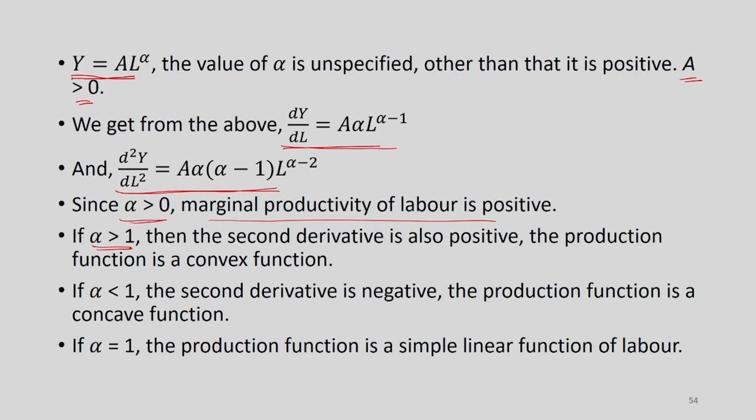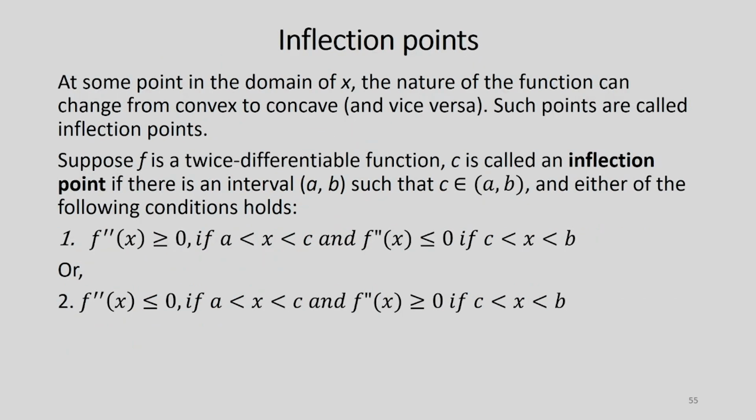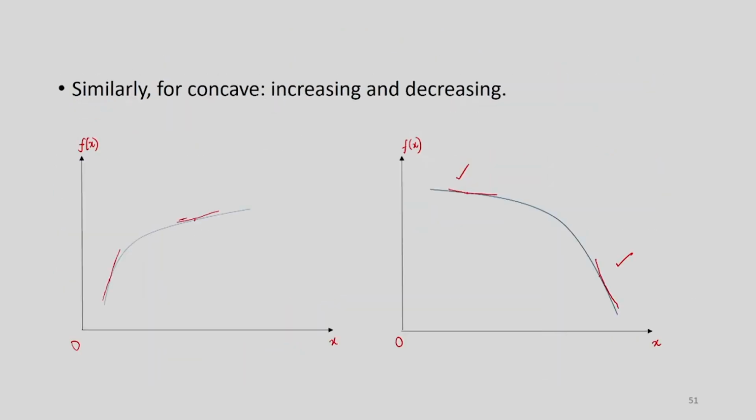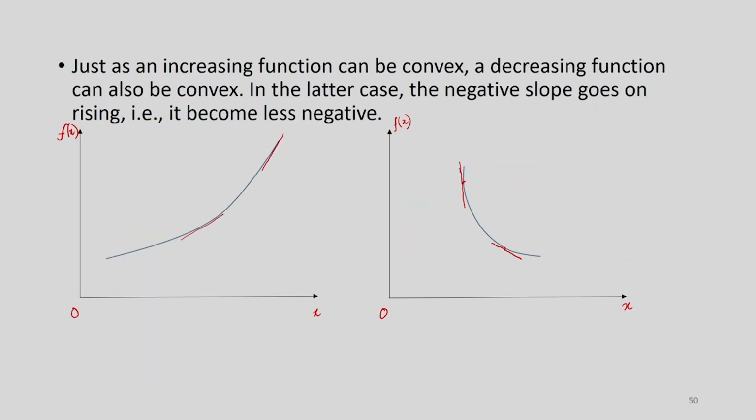That means the production function is rising, and since the second derivative is positive, it is rising at an increasing rate, which means that the slope is rising and the function is a rising and convex function, like this. Here alpha is greater than 1.